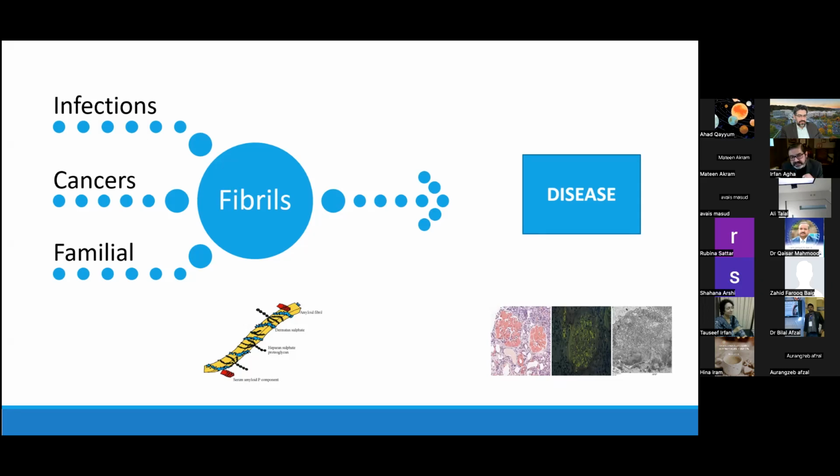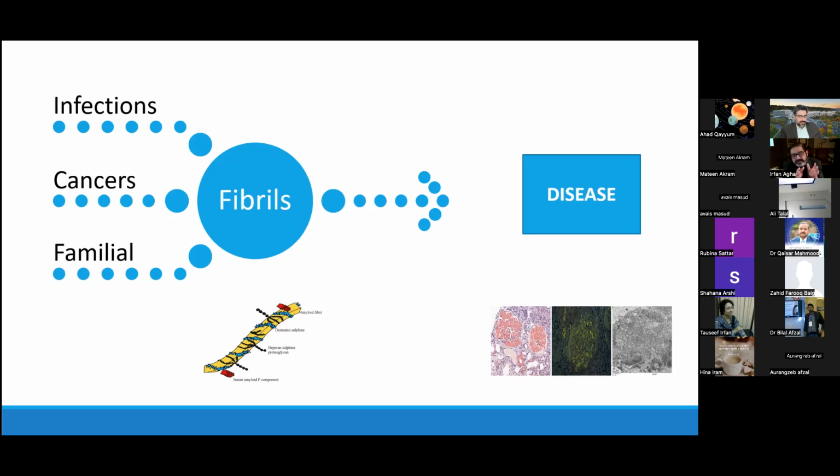Now, I hasten to say these fibrils are similar in characteristics. They share some characteristics throughout, like Congo red staining, every type of amyloid fibril will share that, but they're not identical. Their chemical and physical properties depend a little bit on what protein structure is actually making that fibril.